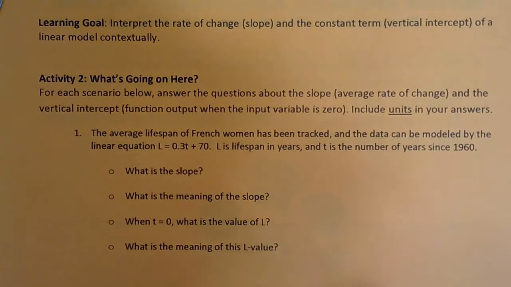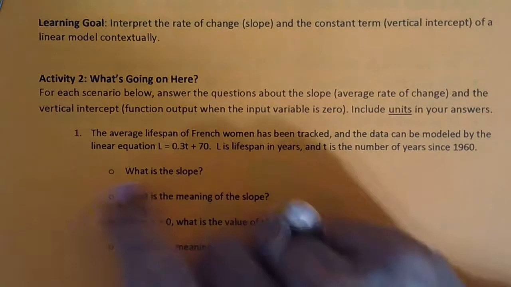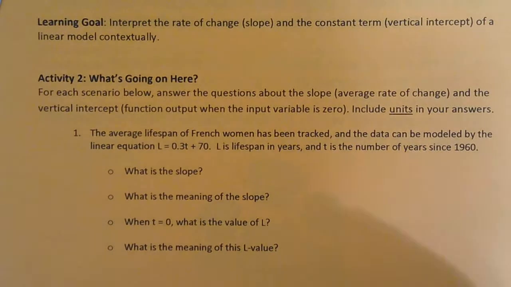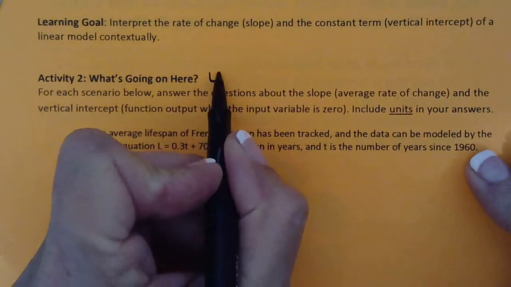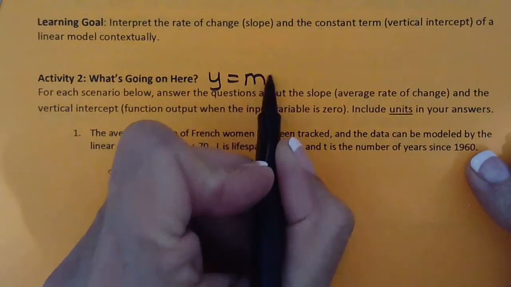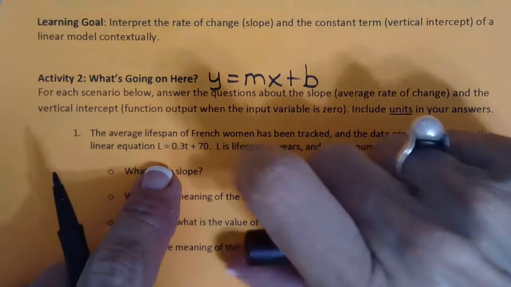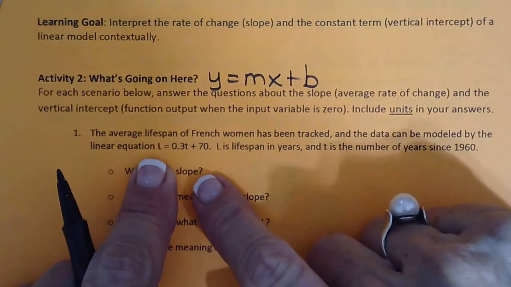The average lifespan of French women has been tracked, and the data can be modeled by this linear equation. Remember, we're always comparing this back up to y equals mx plus b. They may be using different letters, but it's all the same thing. In place of y, they have an L, which is lifespan.